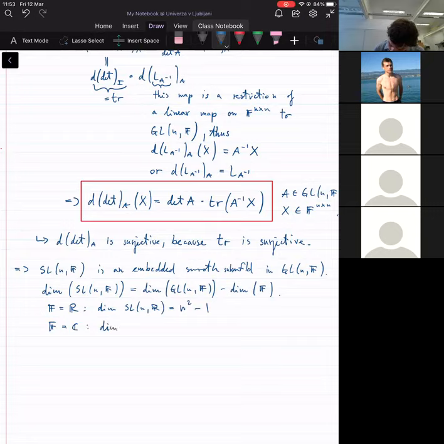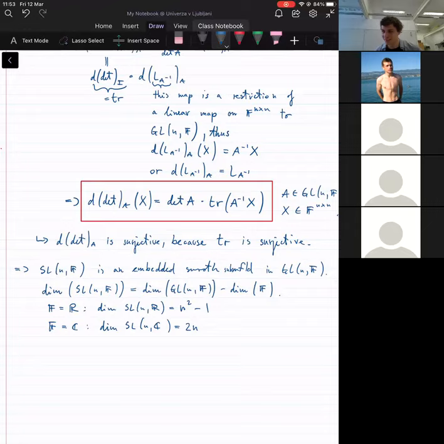we get dim SL_n C is equal to, what's the dimension of GL_n C? Two n. Apparently not. Squared. So 2n, and where do I put the square now? In the brackets around it. Yeah? So it's 4n squared.